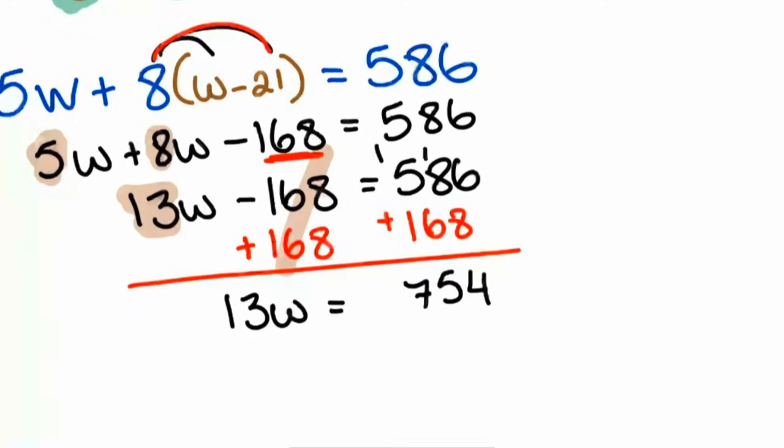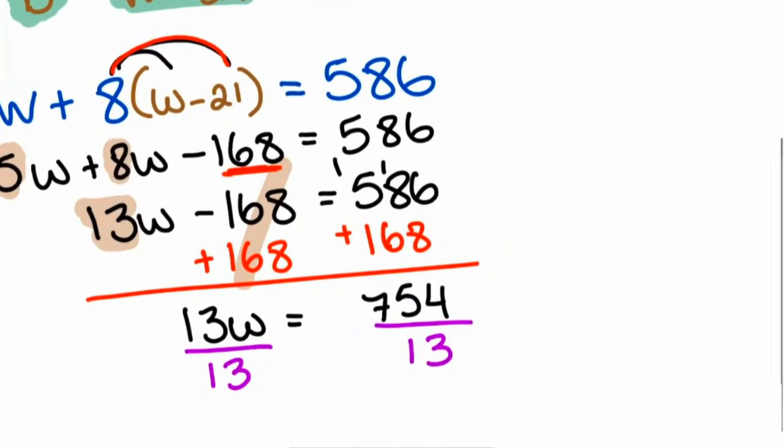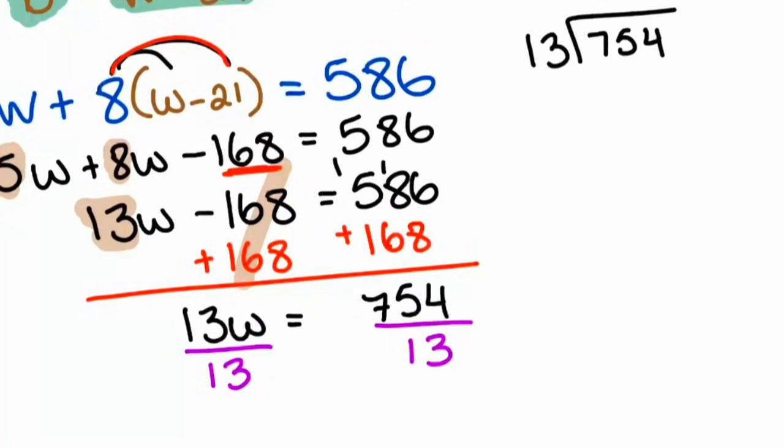This step now is going to be dividing 13 upon both sides, and then we're good. So we can do this by doing some long division. 13 into 754. We should know that 13 multiplied by 5 is 65, so we can start off by putting a 5 right there. 13 times 5 is 65, leaving a remainder of 10. Drop the 4 to get 104.